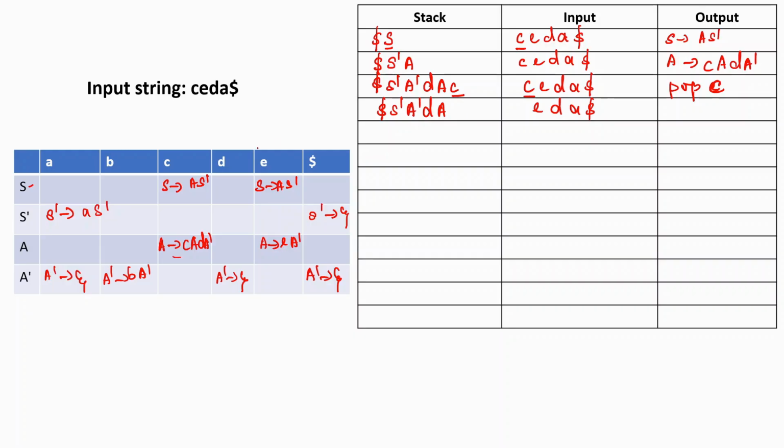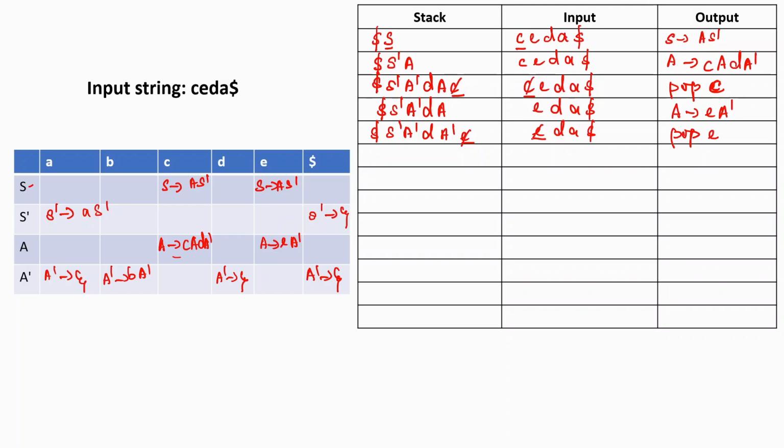Now we have to match in the parse table A with the symbol E. The rule is A → E A dash. Push it into the stack: A dash D A dash E. The top of the stack and the input are the same, so we pop and delete the input symbol.